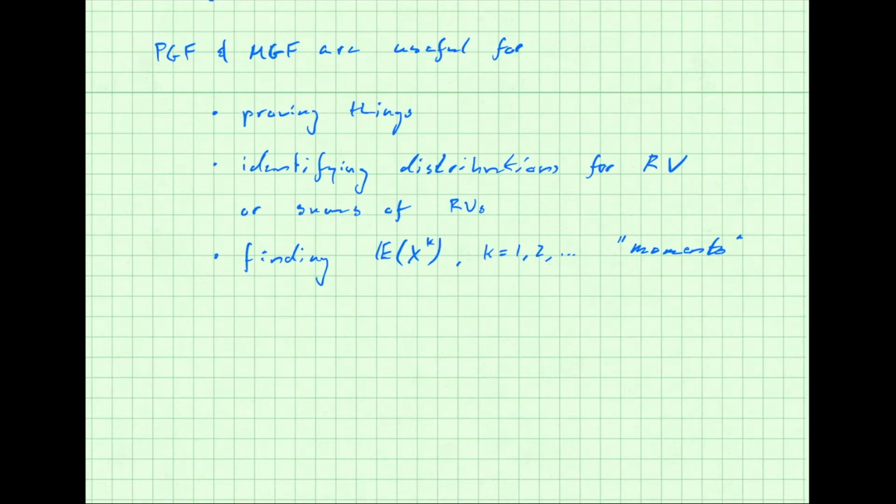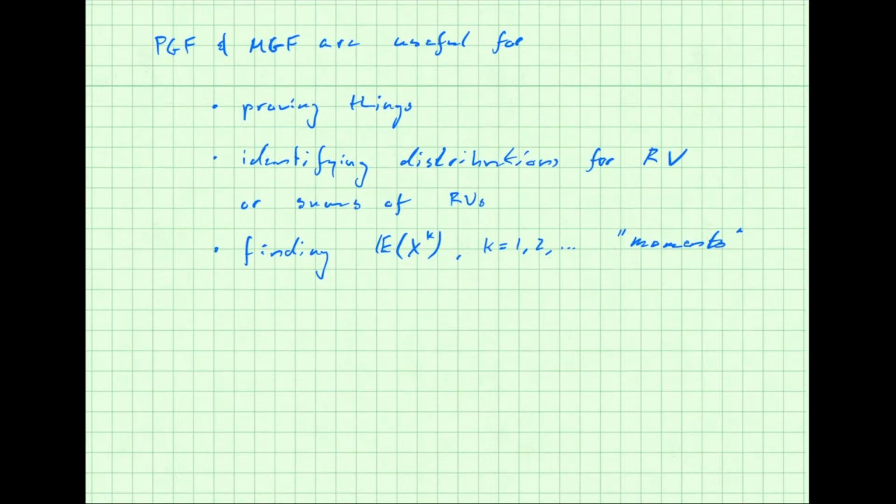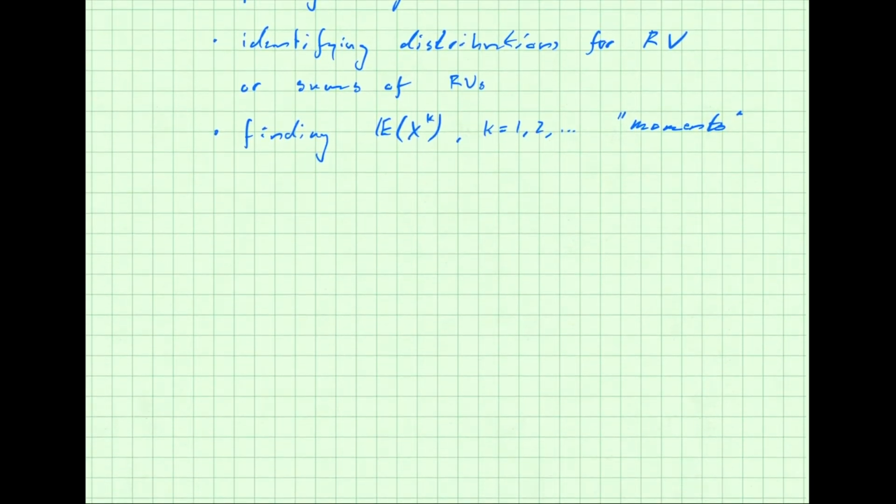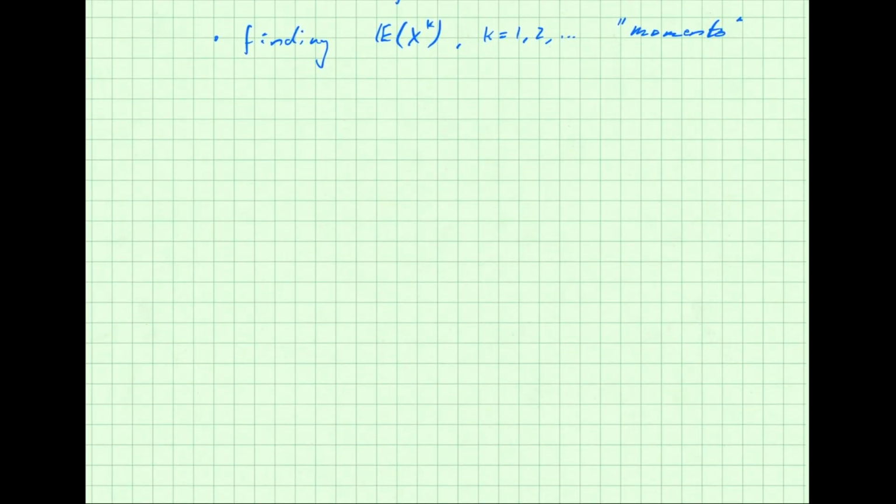We've seen the expected value: the mean is the moment when k is equal to 1, and the variance is related to the moment when k is equal to 2. I just want to motivate that there is some purpose to what we're about to do, because when you first see this, it often feels like there isn't.